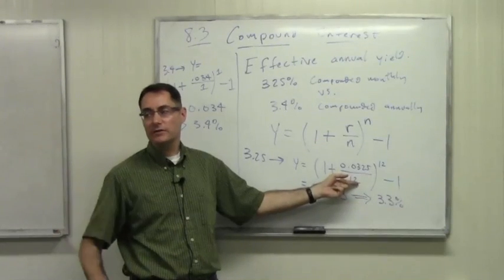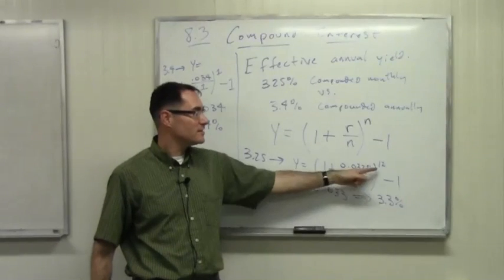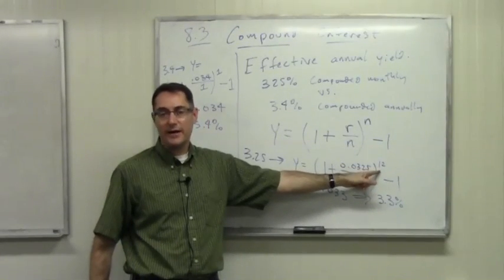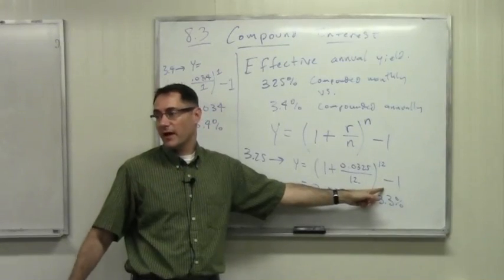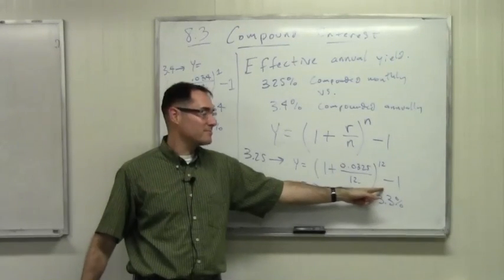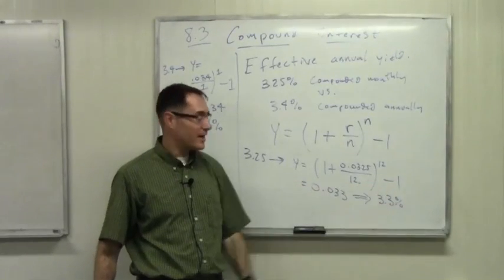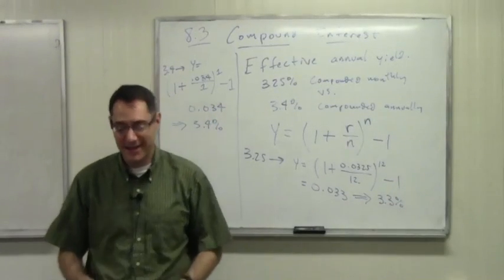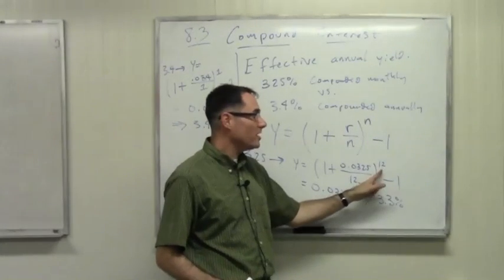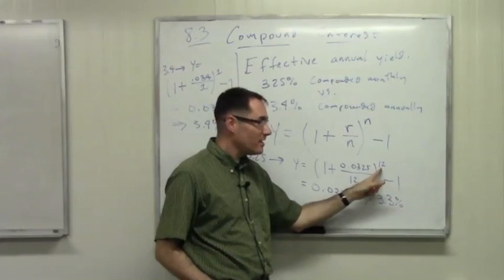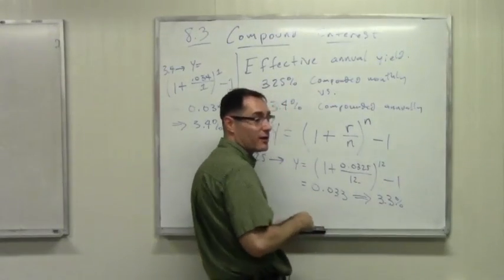Close parentheses, the little caret, raised to the 12th. Equals. Then subtract 1. Doesn't matter whether I press equals first? In this case, it doesn't matter, because once you do the caret to the 12, if you do minus 1, your calculator knows to do this part before doing the minus.